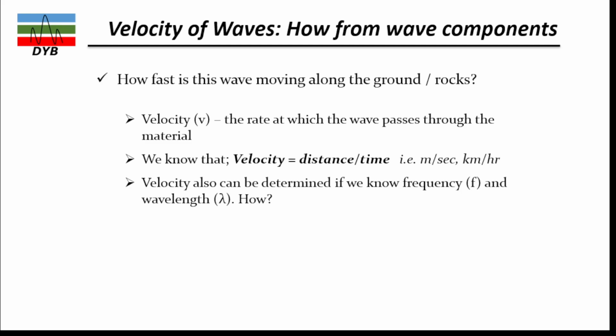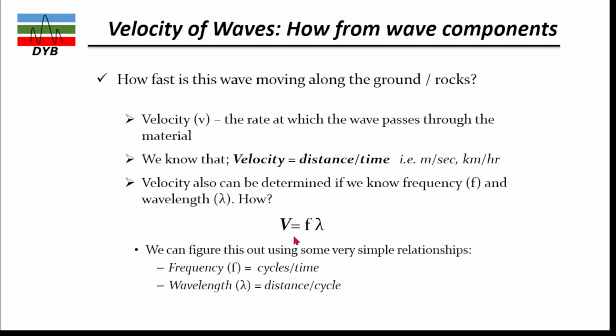Velocity can also be determined if we know the frequency and the wavelength. So from this formula, v is equal to f lambda, velocity can be defined based on the frequency and also the wavelength.